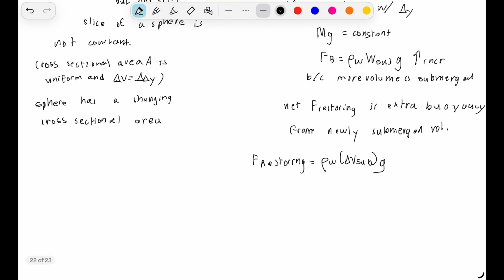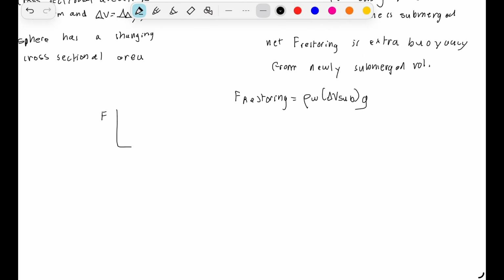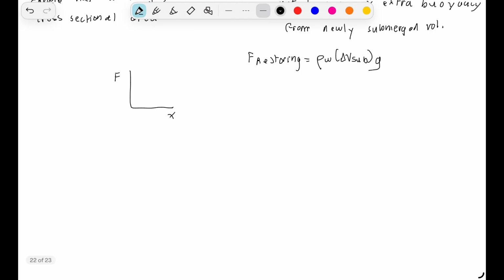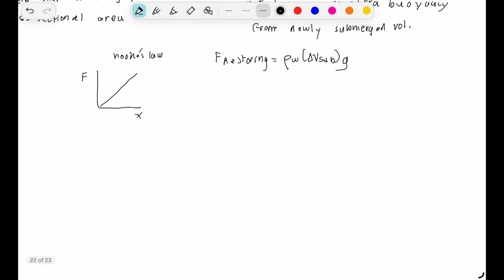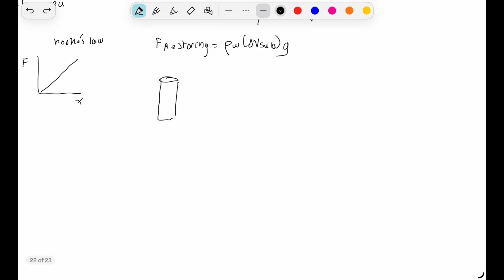So, well, if you have your force versus displacement, it's going to be a perfectly straight line in order for it to be Hooke's law. But when you have a vertical cylinder like this, the cross-sectional area is A, and that's not constant.